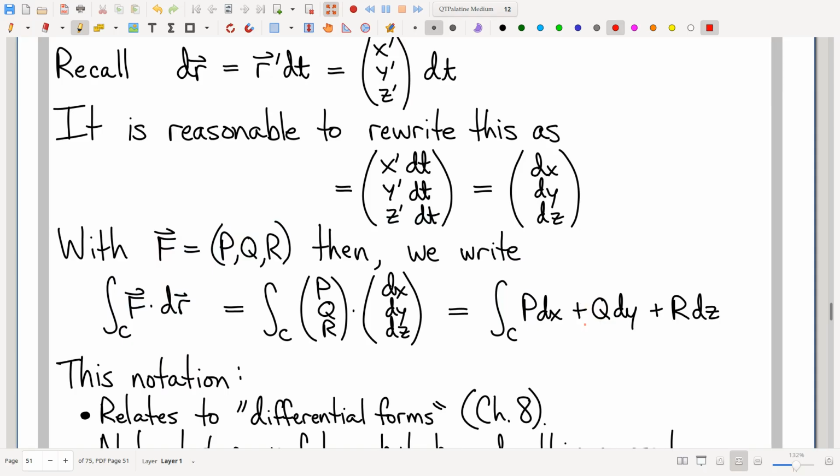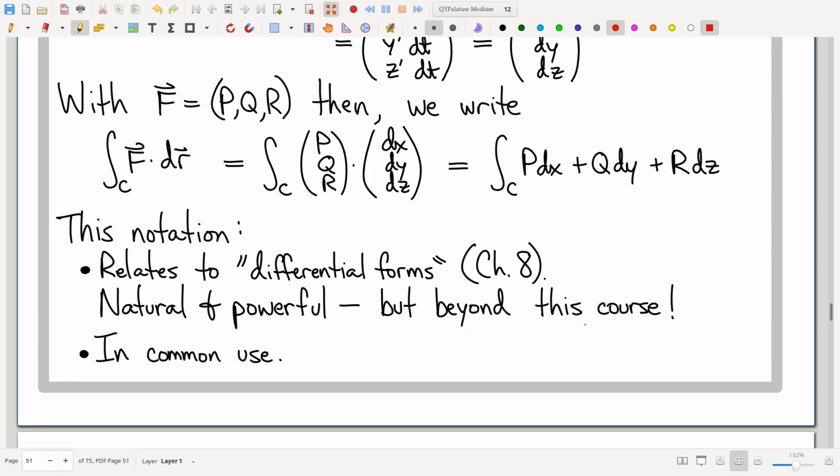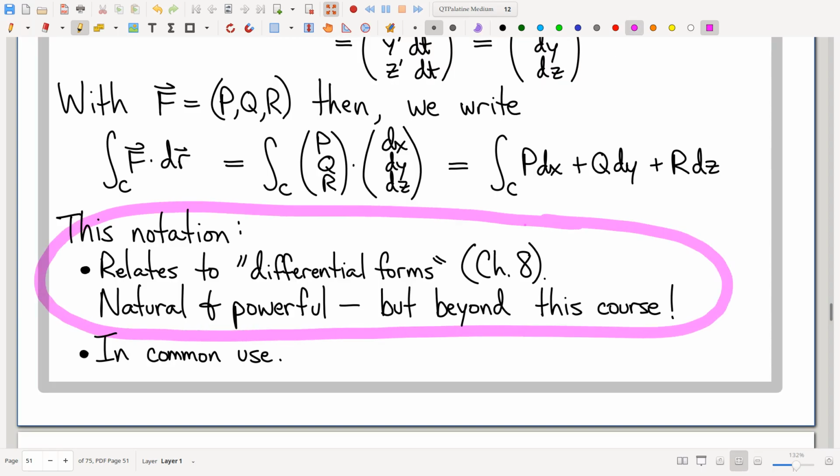So let me give you two reasons why you should care about this notation. The first is kind of philosophical, but beyond this course, it turns out that this notation is extremely powerful. It's totally awesome. There's things that you can do with what I'm going to loosely call this notation. What I really mean is the more general construction of differential forms.